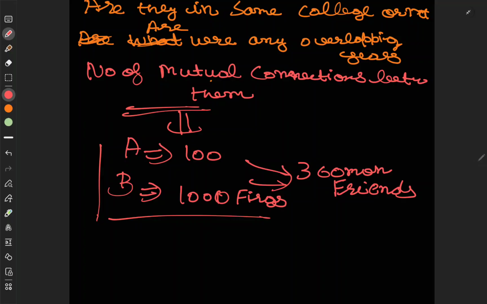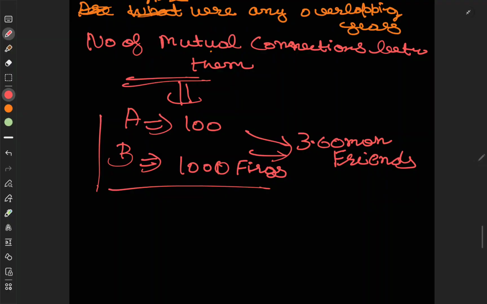Do you think there are high chances to connect? The chances will be very less, as if there would be 30 or 40, then the chances would be much higher, right? So the number of mutual connections increases the chances of a person connecting to another person.